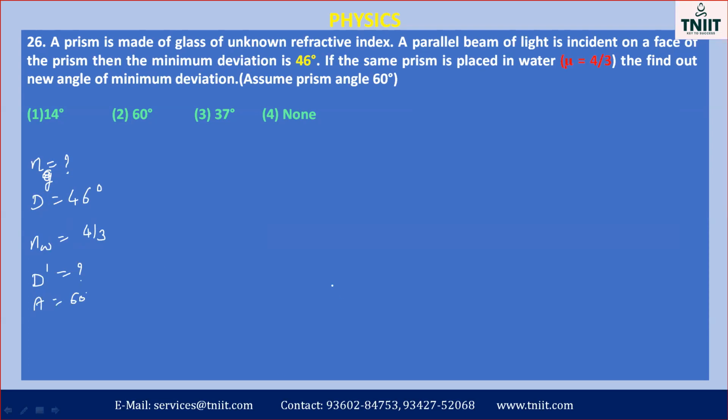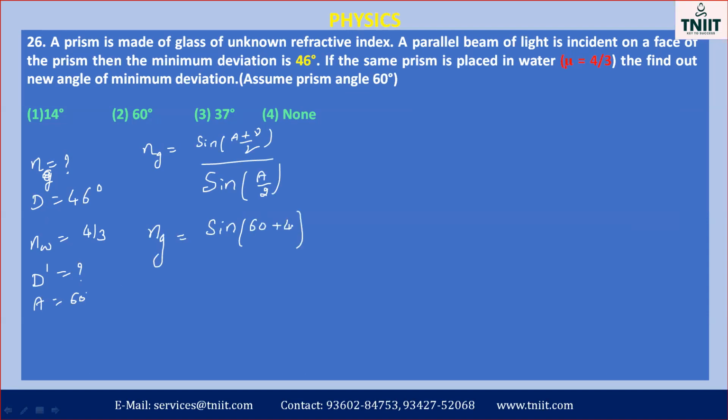Assume the angle of the prism is 60 degrees. Students, let me write like this. You know that the refractive index of glass in air medium is given by sine of (A plus D)/2, whole thing divided by sine of A/2. What is the A value? 60.